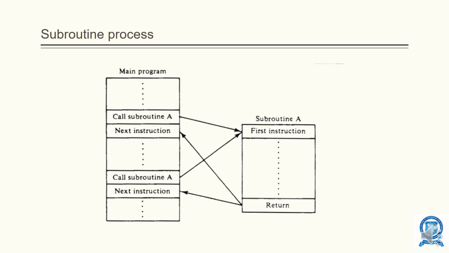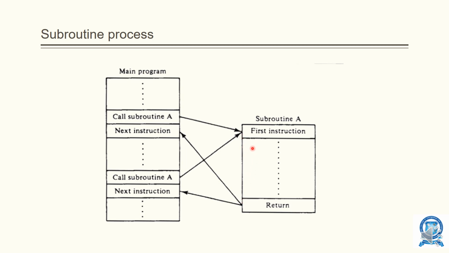So this is the subroutine process. Here you can see the main program. In the main program, when a call subroutine is there, there will be the address of this subroutine, with the instructions which need to be executed. Now here I need to call the subroutine, so automatically the program pointer moves to this location and executes it.